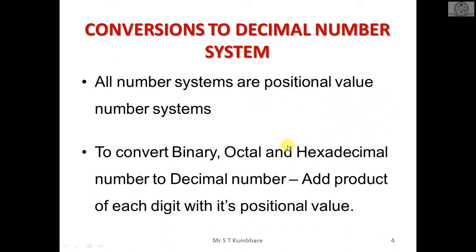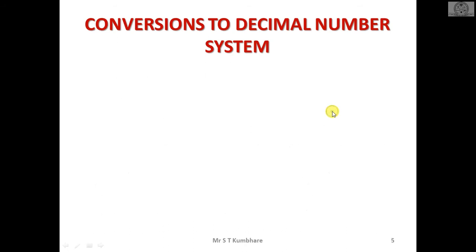What we are saying: to convert a binary, octal or hexadecimal number to decimal, we have to add the product of each digit with its positional value. Just now, whatever we have done, that we have to do. We have seen such things in the previous lecture also.